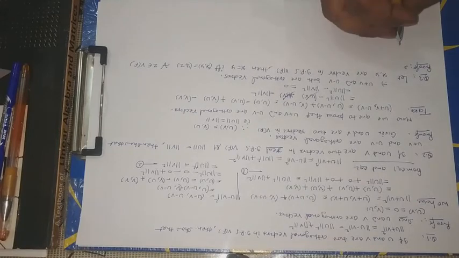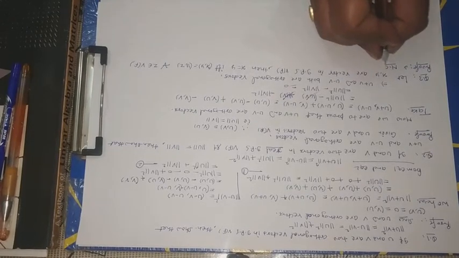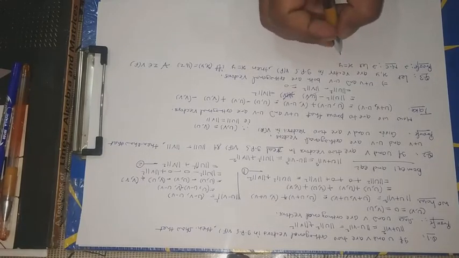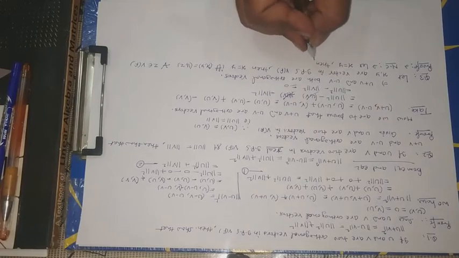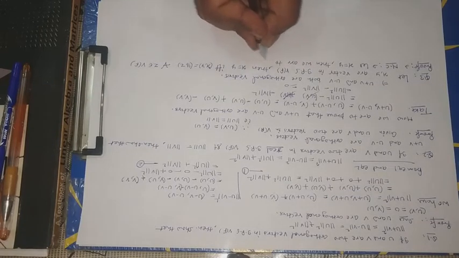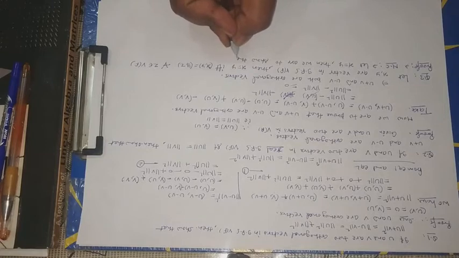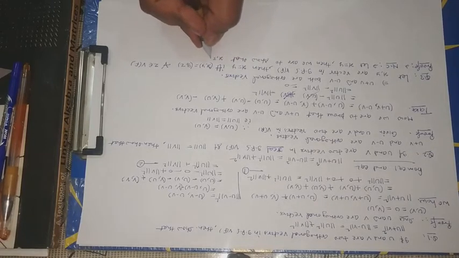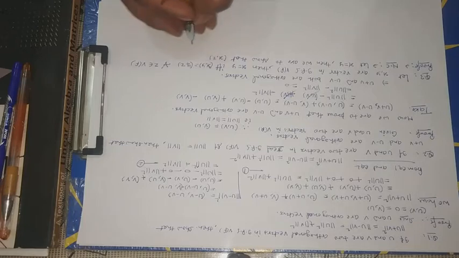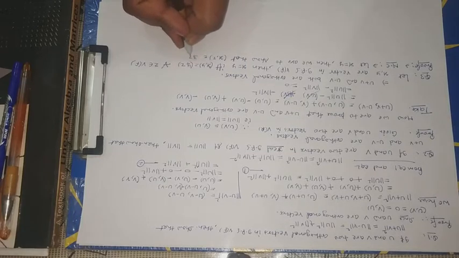Proof. Necessary part. First we take x equal to y, then we are to show that the inner product of x with z is equal to the inner product of y with z.